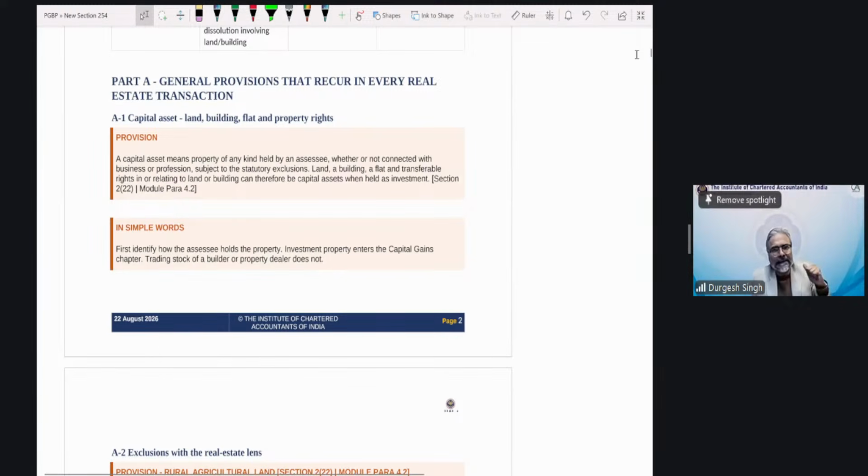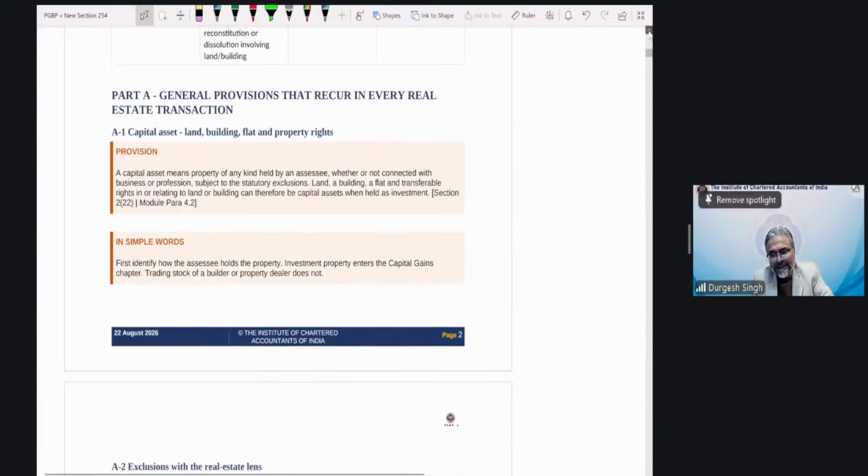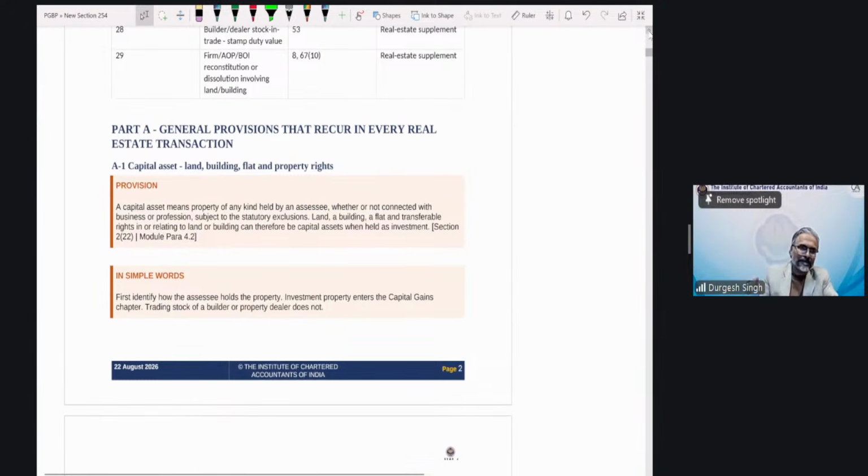Property of any kind. Tell me, students, in the case of real estate, was any real estate excluded from the definition of capital asset? Recall, students, all of you.